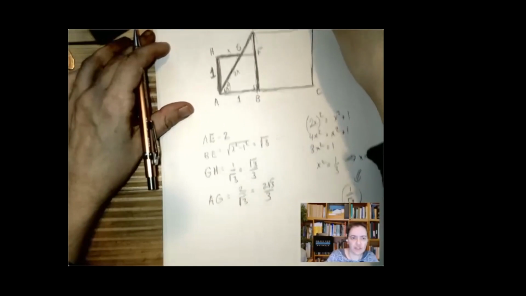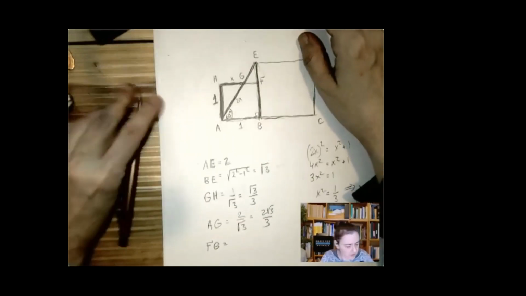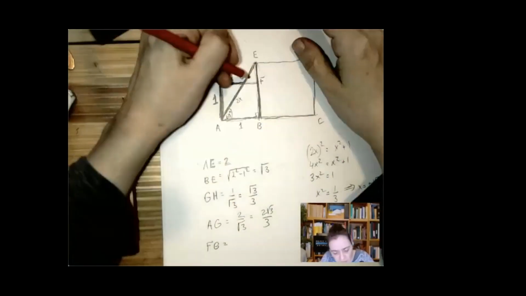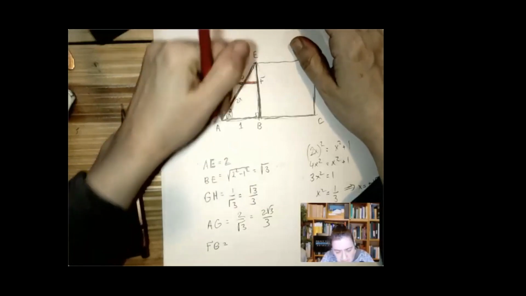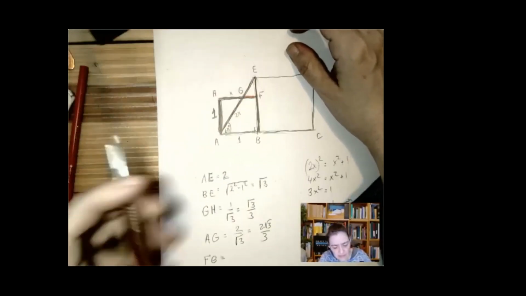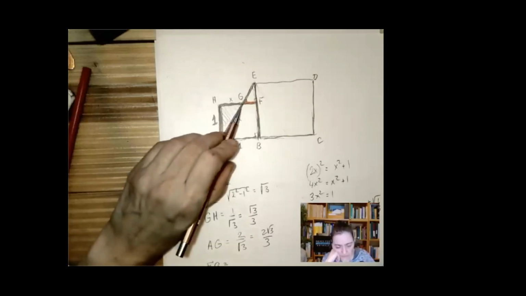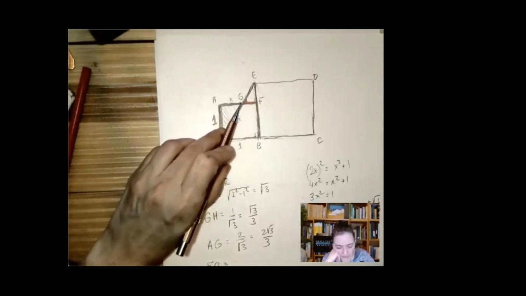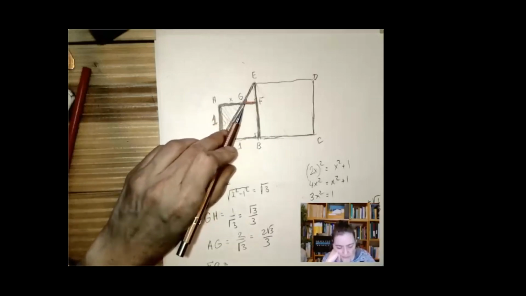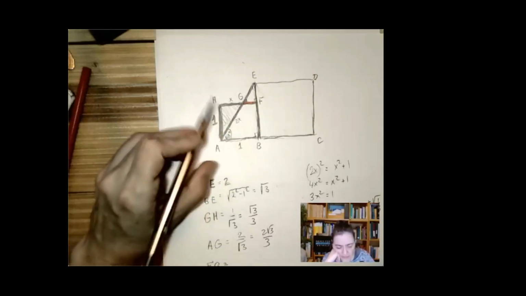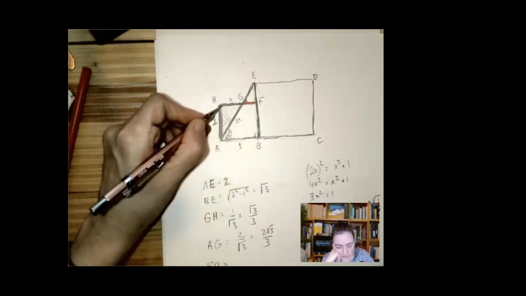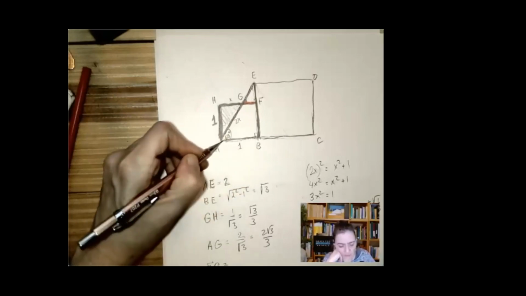What's next? FG. FG is not in a triangle that has a side 1 unit long, but definitely similar, right? Well, actually, we don't know any side of this triangle yet. So similarity will not help us. However, we know how long this is, and we know that the whole thing is 1.